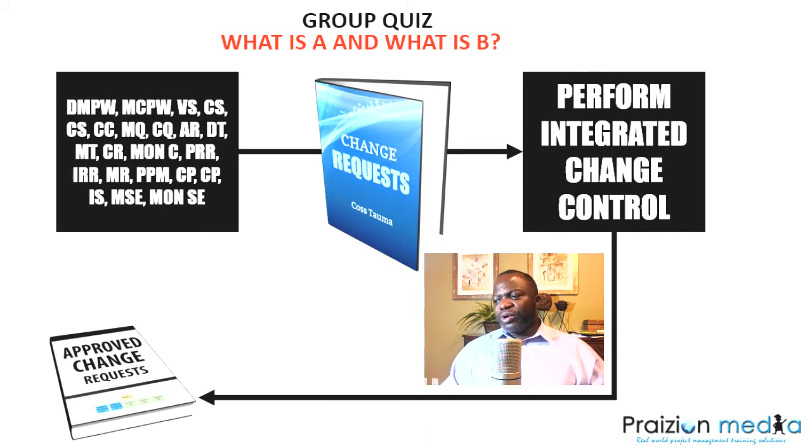All of those processes could give change requests, and all of these change requests are going to go into the perform integrated change control process, and that gives us approved change requests.